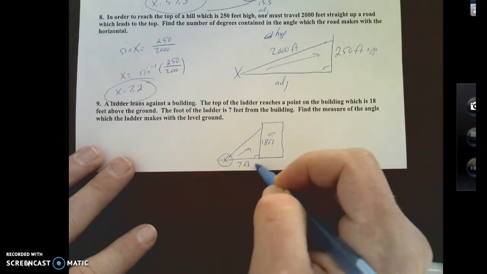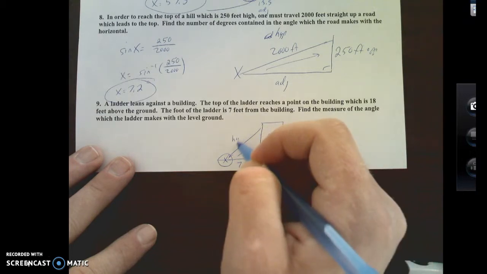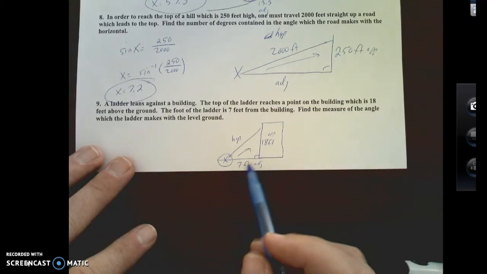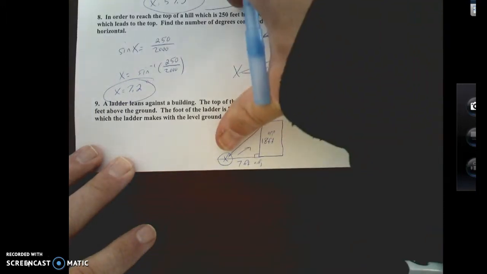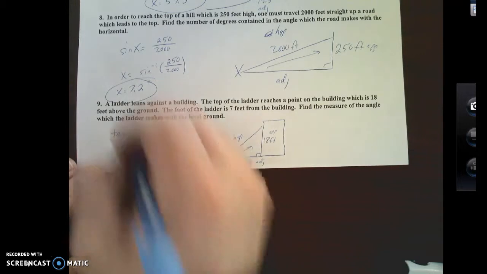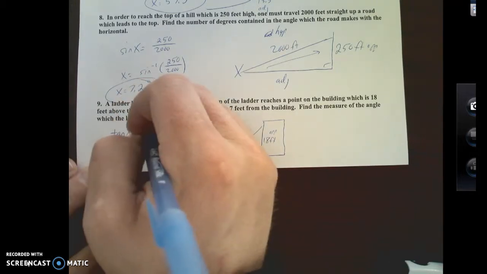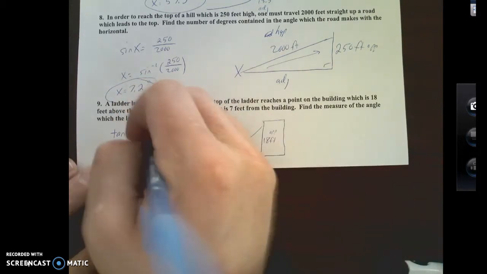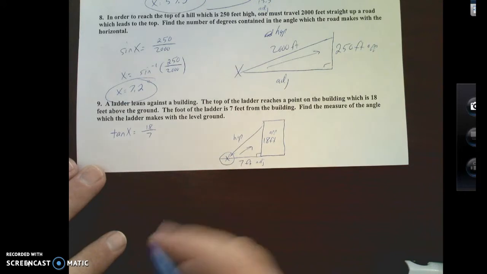Opposite, adjacent, hypotenuse. Which trig ratio uses O and A? Not the H, because I'm not using the H. That would be tangent. So tangent of X equals 18 over 7. And again, I'm trying to find the angle.